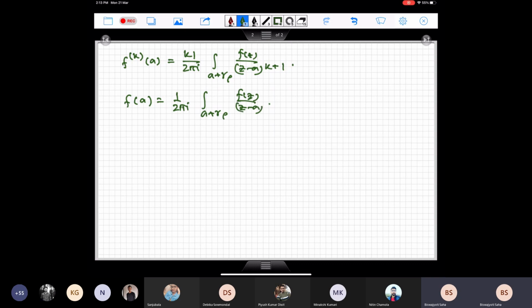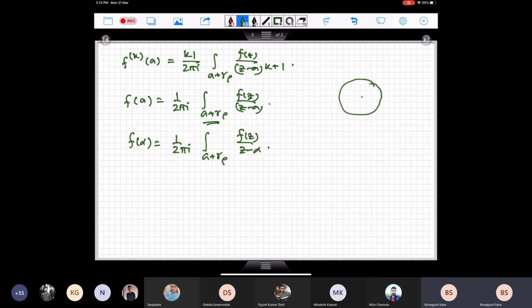But in general, I do not need to take the center here. The gamma that I have over here is a circle of radius rho centered at a. So that is not really required. I can actually have f of alpha to be the integral over a plus gamma rho of f(z) by (z minus alpha). I can have that.